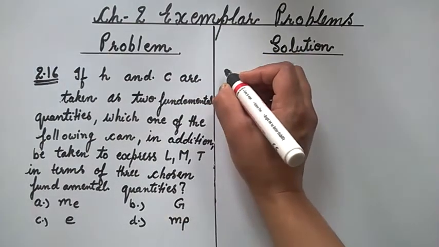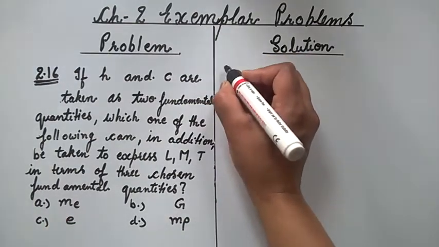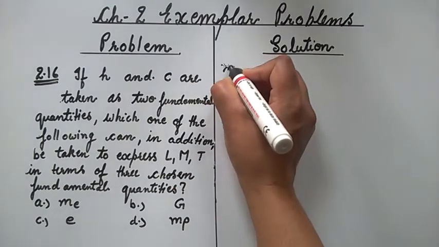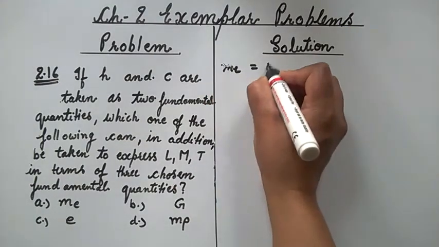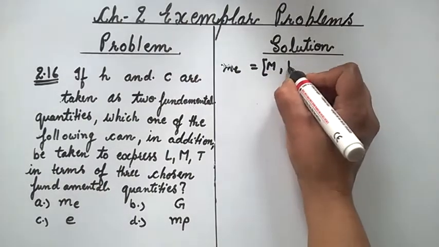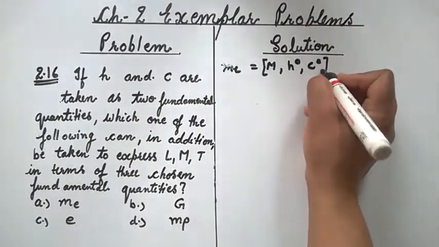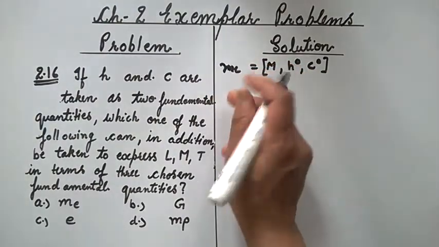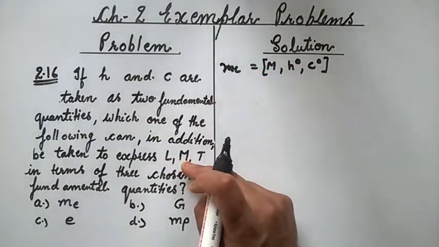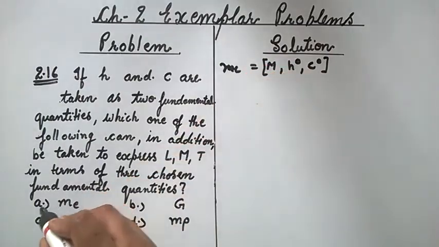Here we can see that the dimension of mass of electron is m h0 c0. So we can express mass of electron in terms of mass. So it is correct.